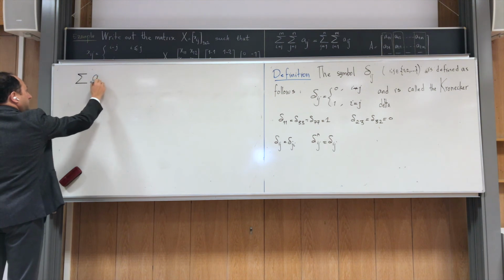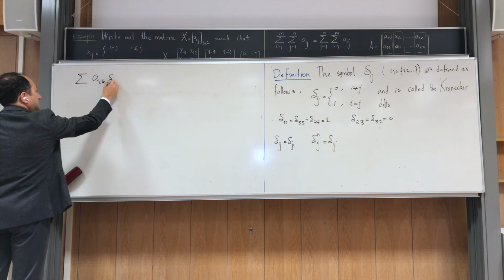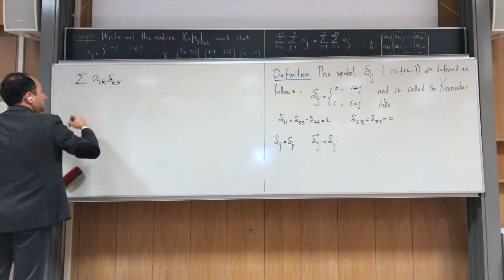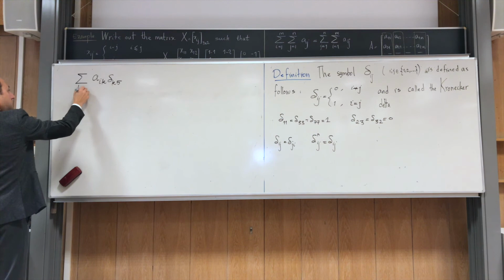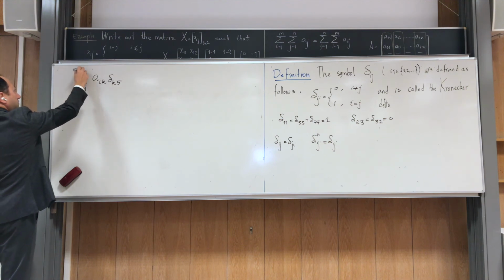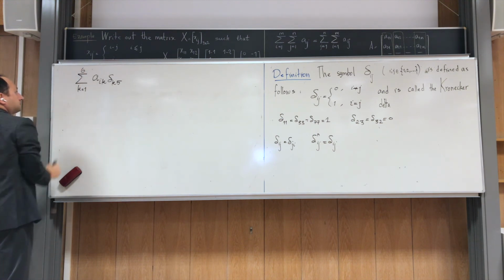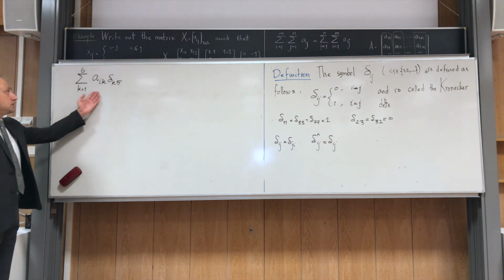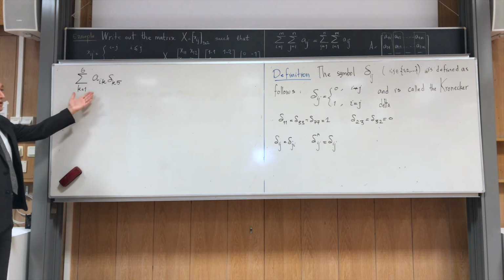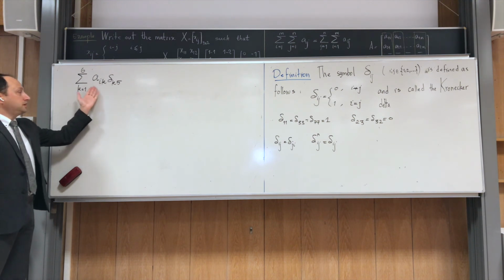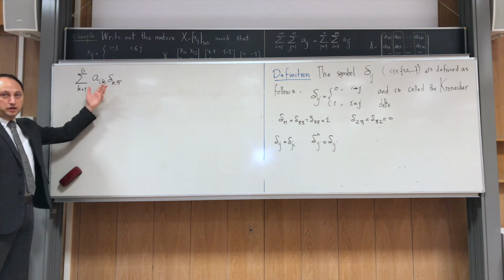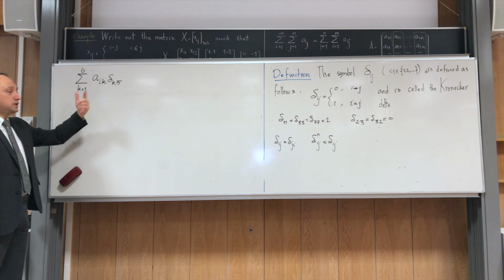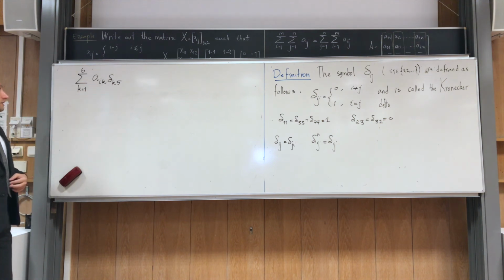Inside the sum, you have a_ik, and then you have delta_k5, and k goes from 1 to, say, 6. So, how should I simplify that? It's very simple. These kinds of sums will appear a lot in matrix theory. So this is why I'm looking ahead and trying to equip ourselves with these ideas so that we can use them later very quickly.